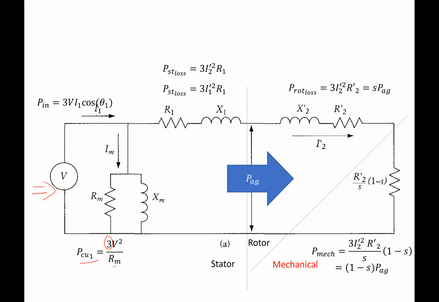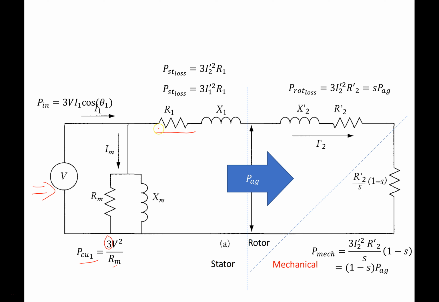You don't draw line to line diagrams in these equivalent circuits, so they're per phase diagrams. So this is the phase voltage. When we find the power here, it is the per phase power, and since it's a 3-phase machine, we multiply it by 3. So 3 V squared over Rm.